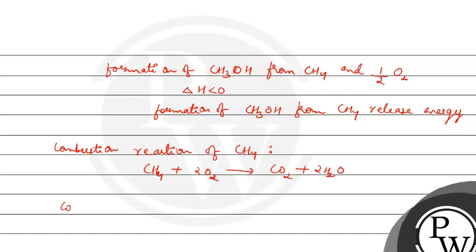Now we will look at the combustion reaction of methanol, CH3OH. This is given by the reaction CH3OH plus 3/2 O2 gives CO2 plus 2H2O.